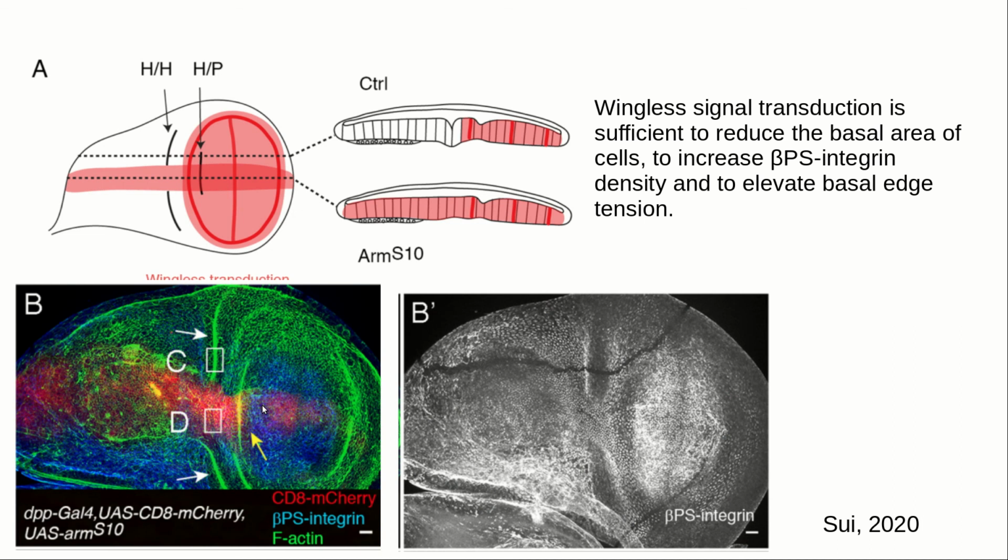Here, there's again an overexpression of wingless in a direction that is orthogonal to its usual direction. Okay, this red stripe here. So the folding is prevented in this part, and you can see that there's an increase in integrins here where wingless is being expressed in comparison to this place, which is the place where the fold is actually forming.